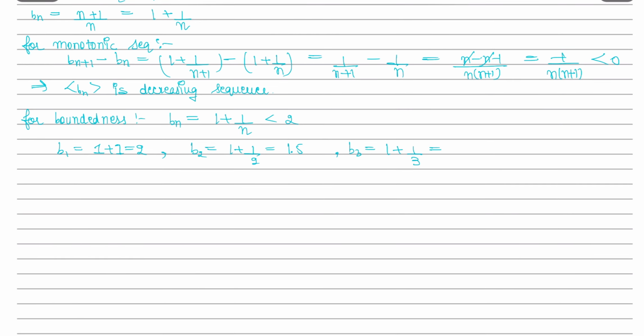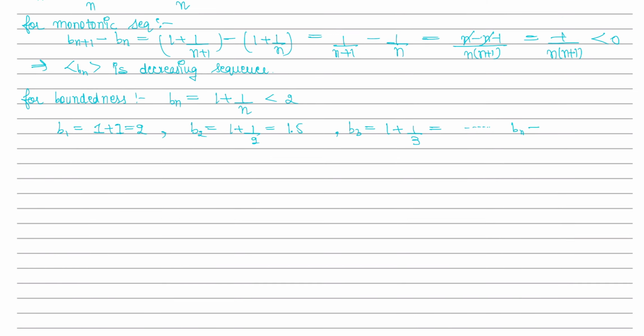So this is a decreasing sequence approaching 1 as n is large. So this sequence is bounded from below as well as bounded above. So we can say b_n is between 1 and 2.